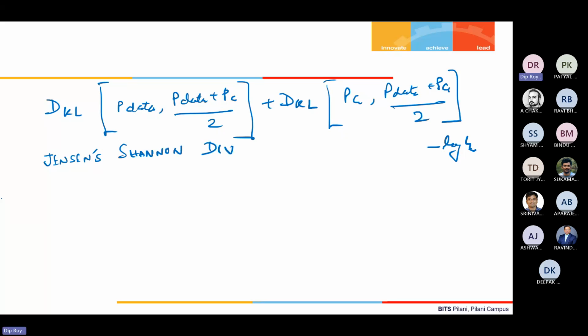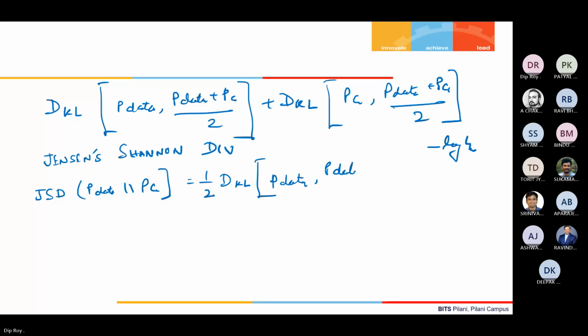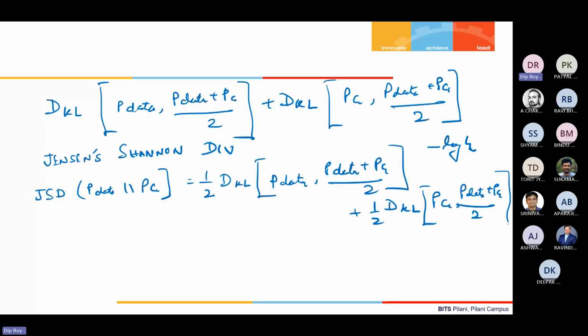The Jensen-Shannon divergence, JSD, between P data and PG is equal to half of DKL of P data. This is basically the formula of Jensen-Shannon divergence.